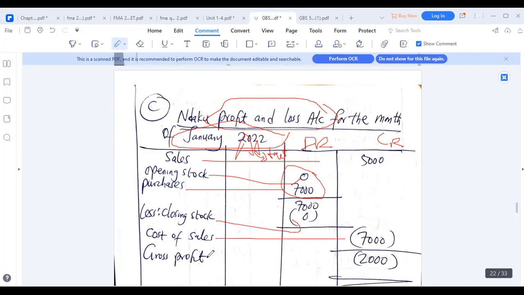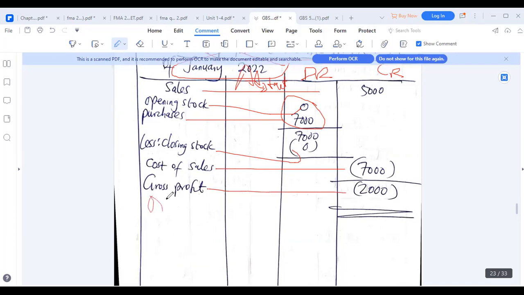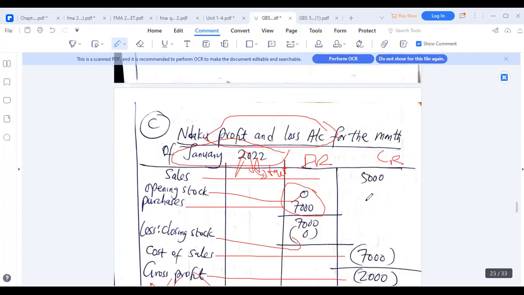From there, we get the gross profit or loss, and because it's negative, we have a loss of 2,000. This is only the Ndaku profit and loss account for the month of January 2022.